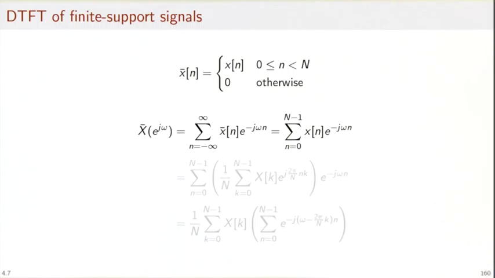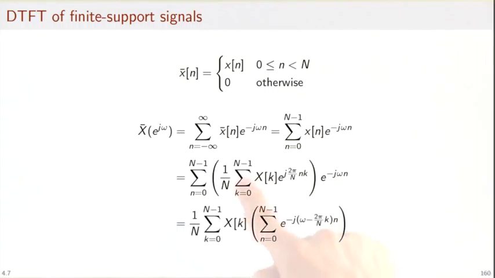On the second line of this development, we can replace x over bar by the inverse DFT of capital Xk, which is written between parentheses. Then we can take the sum over k outside with the capital Xk, and within the parentheses we simply have the complex exponentials, and the exponent now is omega minus 2 pi over capital N times k, multiplied by n.